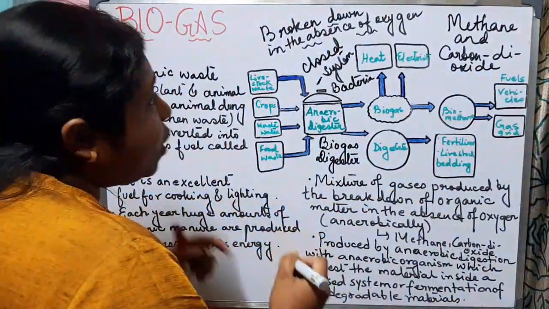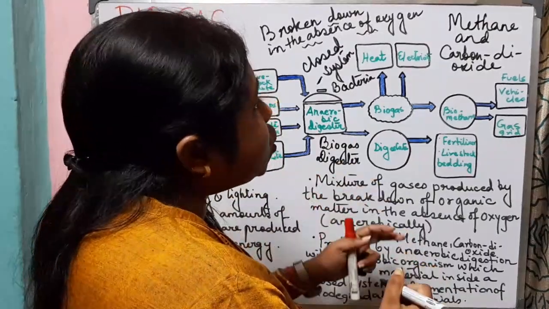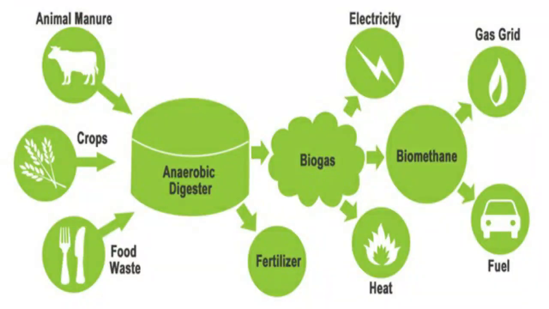So we can say that biogas is primarily a mixture of methane and carbon dioxide.